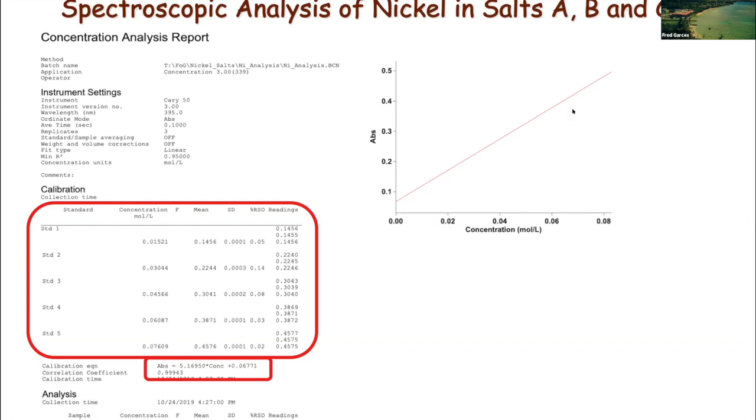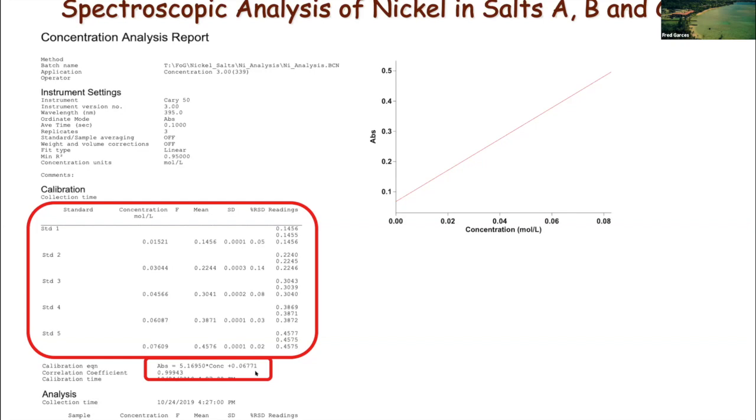And this instrument automatically does that. And this is the equation that it got. The absorbance is equal to 5.169 times the concentration of my nickel. That's these concentrations right here. Plus the y-intercept is 0.06771.